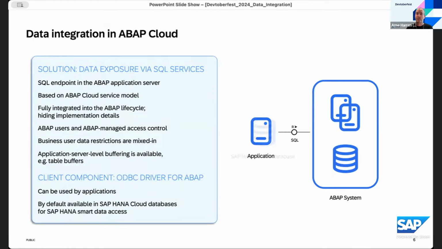In addition, since some releases, the ODBC driver for ABAP is a default component in your SAP HANA Cloud database. So you can use your SAP HANA Cloud database to create a remote connection to the ABAP system and use standard SQL inside HANA to access your data.